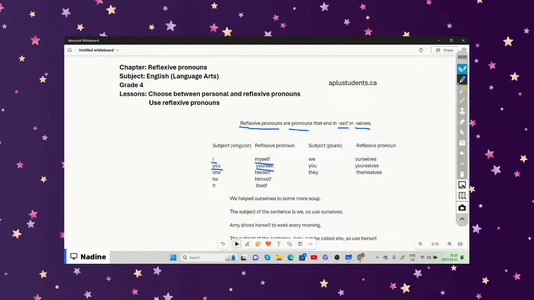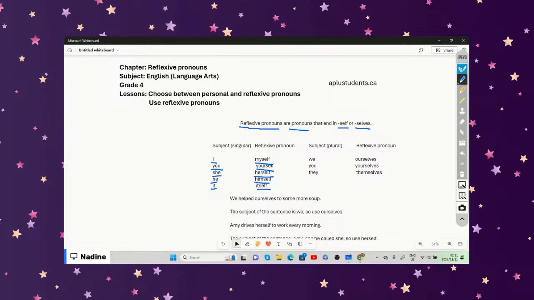If we make mention of she, then it is herself. He, himself, and it, itself. And those are the singular subjects and their reflexive pronouns: myself, yourself, herself, himself, and itself.